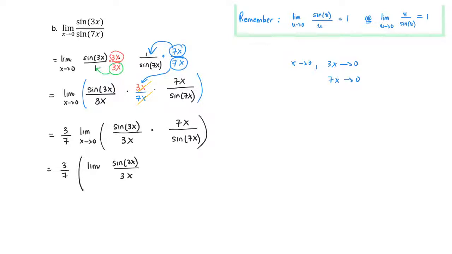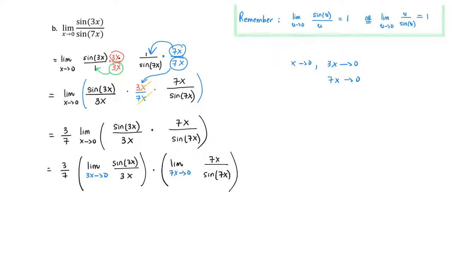So now I can change this variable x to 3x approaching 0, close brackets, times, same thing over here, the limit, but now I'm going to say 7x because I want to have a match with 7x, and then 7x divided by the sine of 7x.